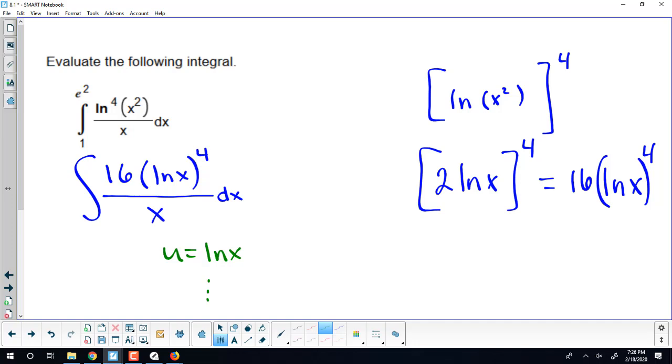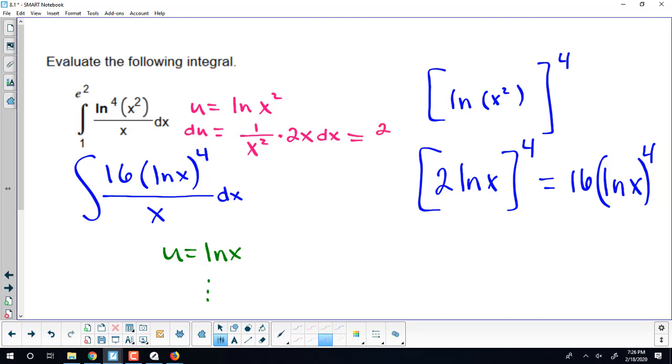And again, if we're thinking of this 4 as on the outside, even from the original integral, we could have said let u equal the natural log of x squared, even if you didn't recognize the properties of exponents. Then you do your du, assuming you remember to take the derivative correctly: 1 over x squared times the derivative of x squared dx.